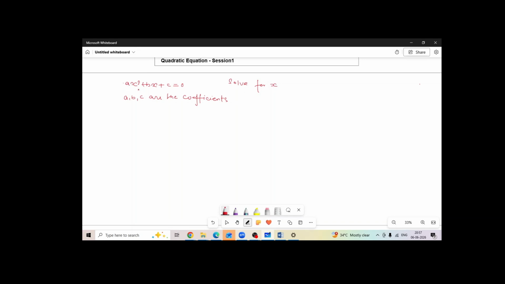Since the highest power of x in the entire equation is 2, this kind of equation is called an equation with degree 2. So in this kind of equation you will get two values of x.